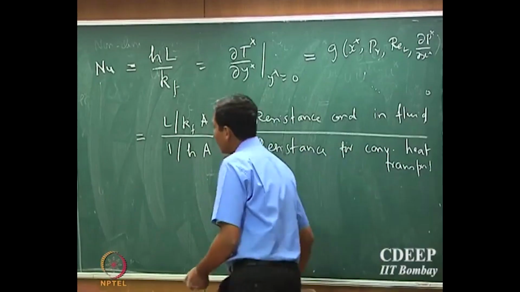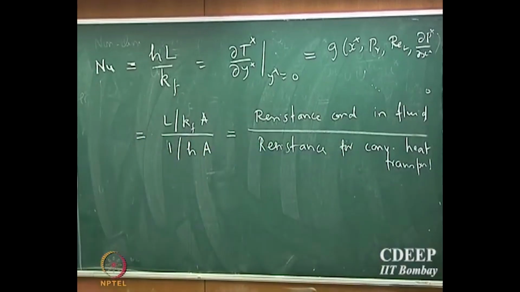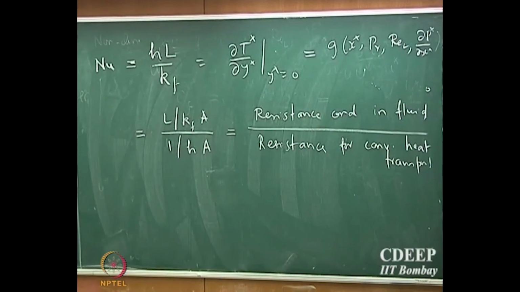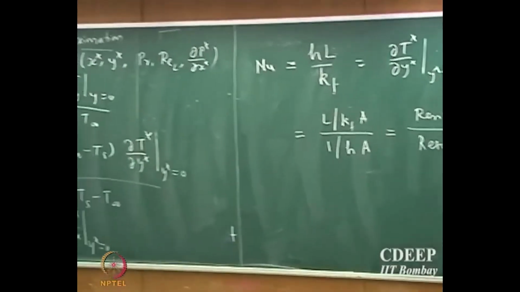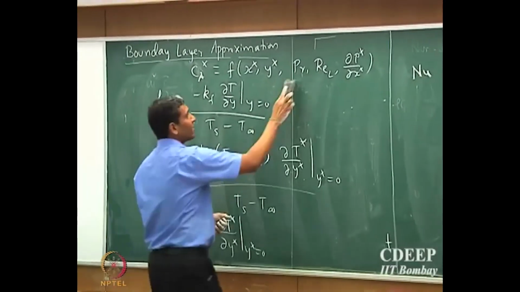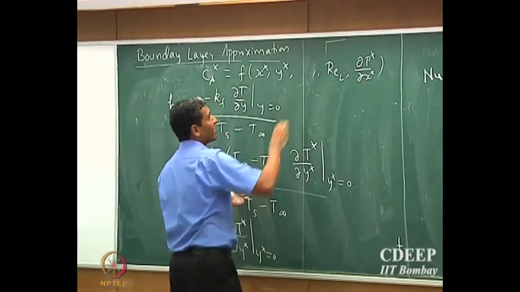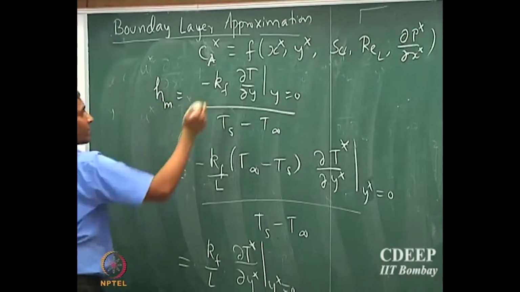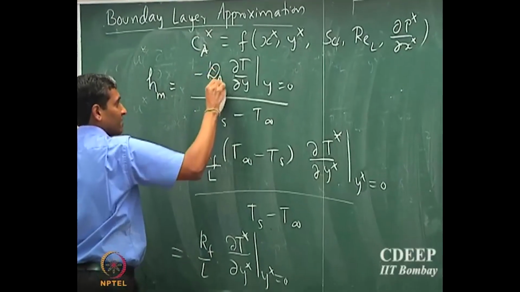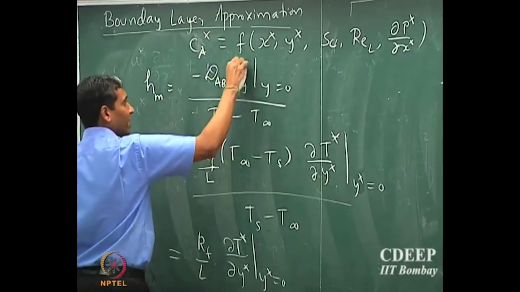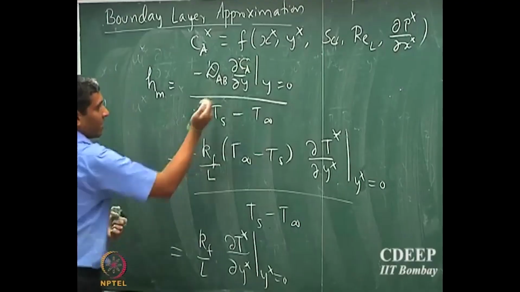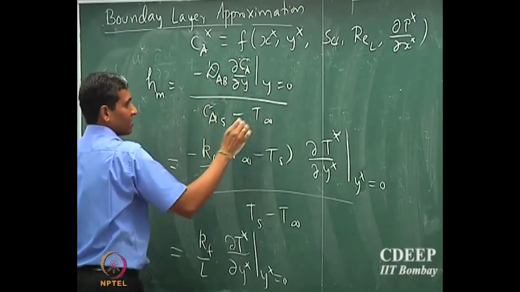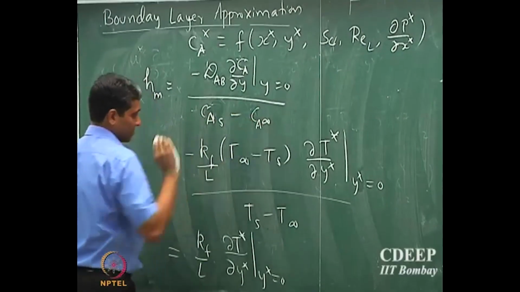So now one can actually do the same exercise for mass transport. So if I call this CA, instead of Prandtl, I replace it by Schmidt number. That will be hM, DAB, that will be CA, and CAS, CA infinity.